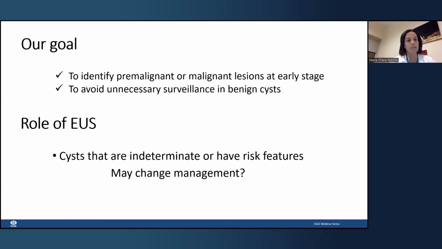So our goal is to identify premalignant or malignant lesions that will benefit from surgical resection, and also to avoid unnecessary surveillance in benign cysts. The role of EUS following radiological imaging is to evaluate cysts that are indeterminate or have risk features. And the question that we should always have in mind is whether the EUS may change management.